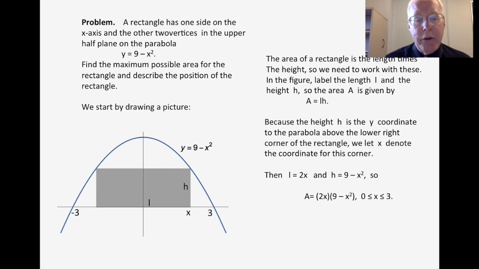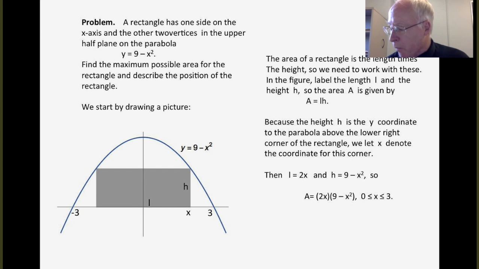And we see that if we know this, we really know all about the rectangle. First of all, let's look at the length. So the x is going to be positive. The lower right corner can be anywhere between the origin out here to the point 3. Again, we saw illustrations of that on the previous slide. The length runs from x to minus x there.